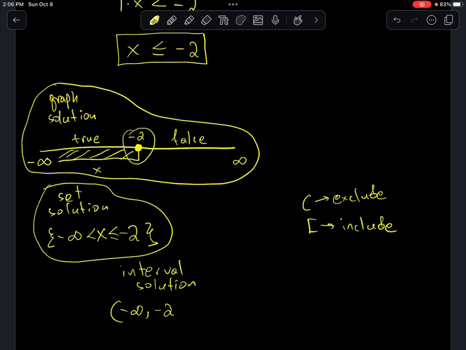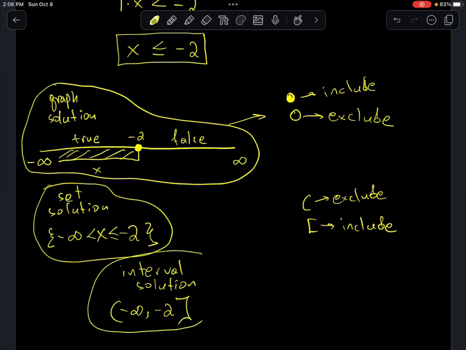And here I see there is a solid dot. Maybe I should just emphasize here that solid dot means include, and circle means exclude, just to have everything. But I see that negative 2 can be included, so I will just use a bracket, and this is the interval solution.